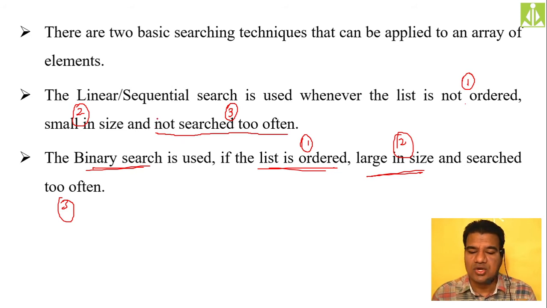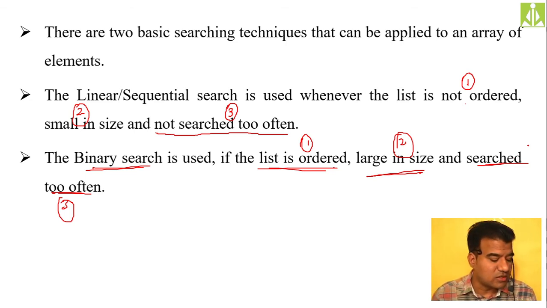Here we said not searched too often, but here we are saying searched too often. That is the third criterion. Based on these three criteria, you decide what technique to apply, whether linear or binary.